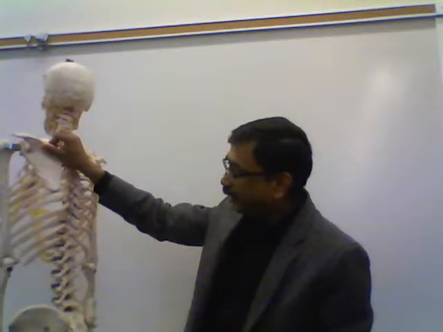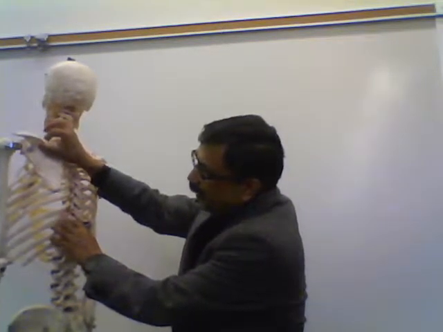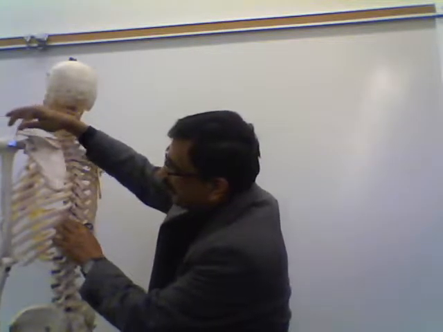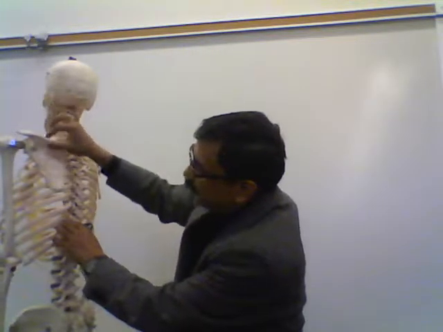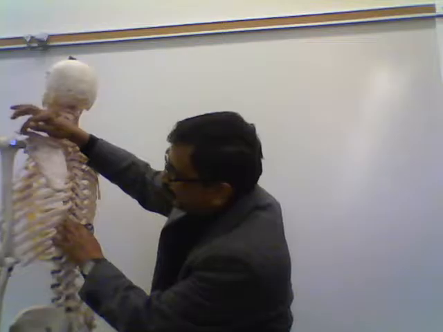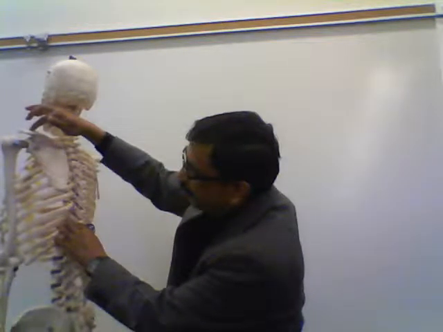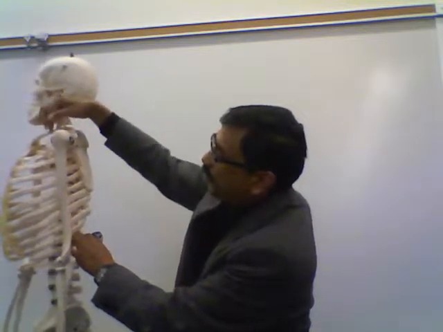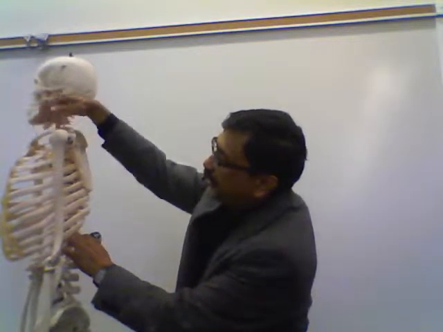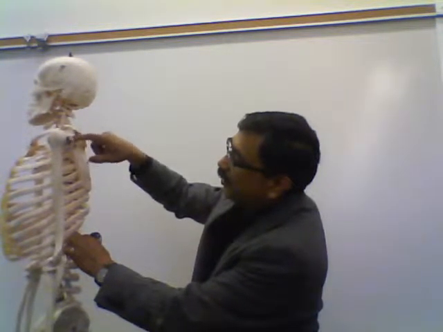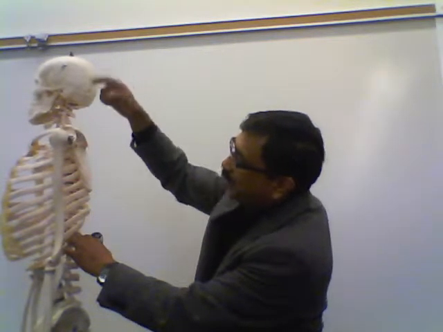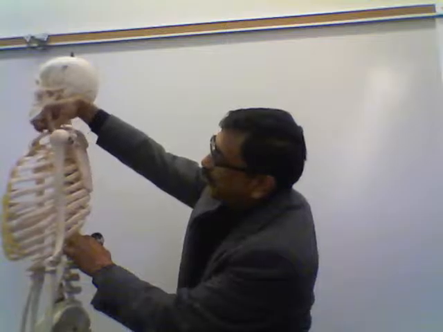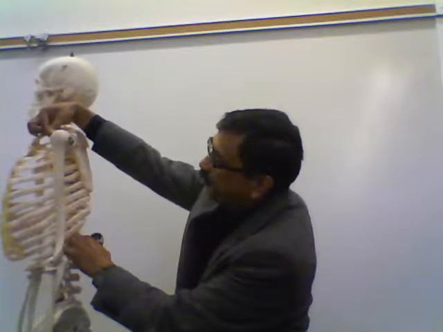And in the back, the spine becomes the acromion. So this is the spine that becomes the acromion. And there is another process that sticks out from the lateral angle of the bone, that is called the coracoid process.